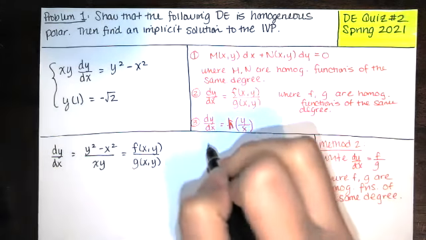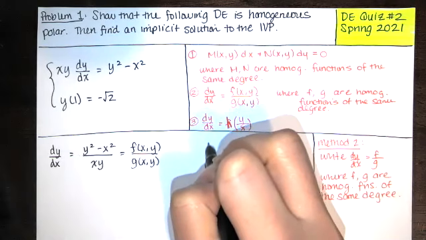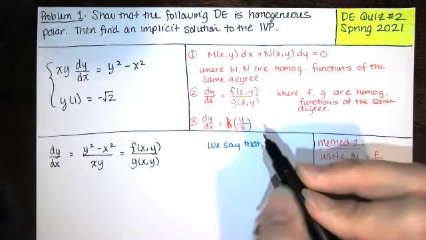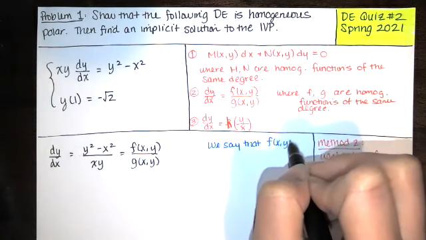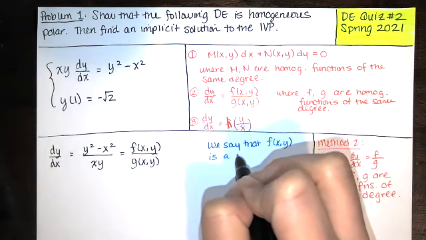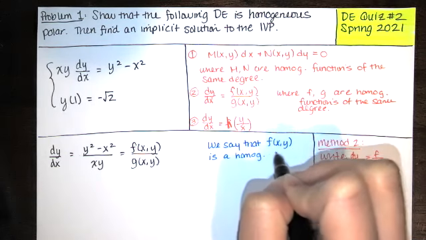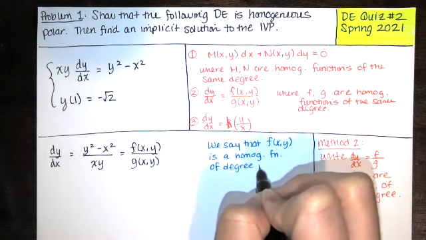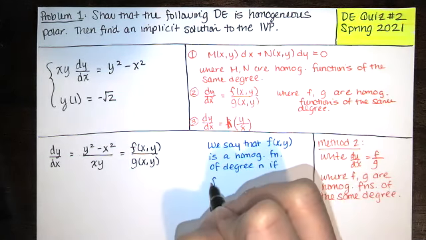That requires us to remember this definition. We say that a function of two variables, x and y, is a homogeneous function of degree n if the following is true.